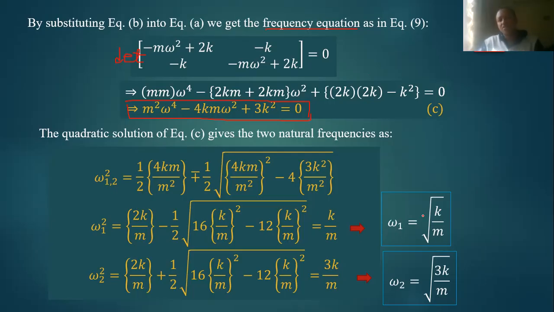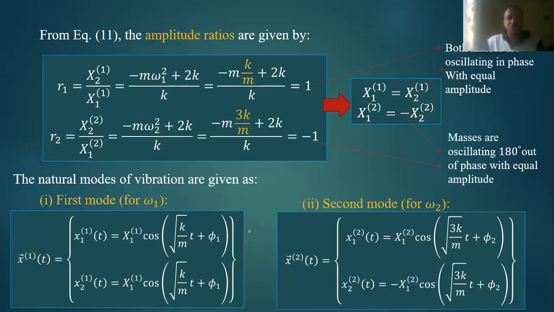That implies omega 1 is equal to the radical of k over m. This is the smallest natural frequency at which the system can vibrate. And the second natural frequency is the radical of 3k over m. So these are the solutions.